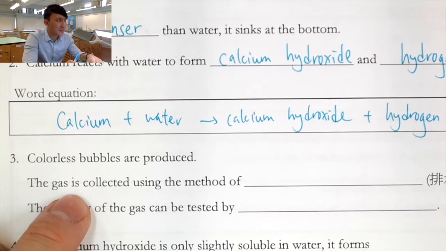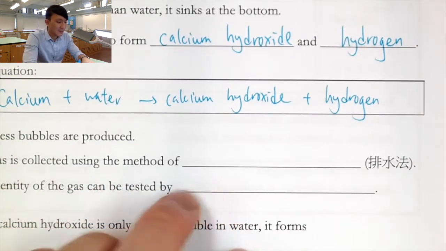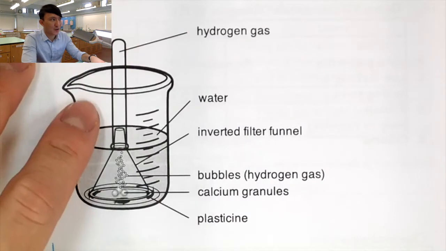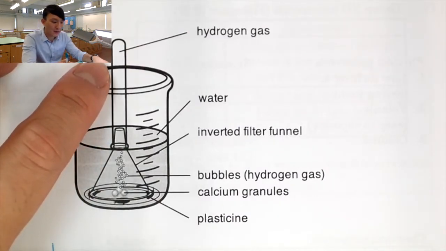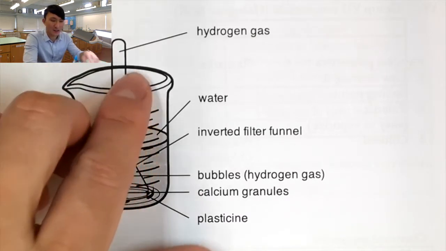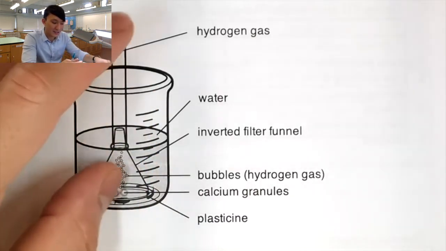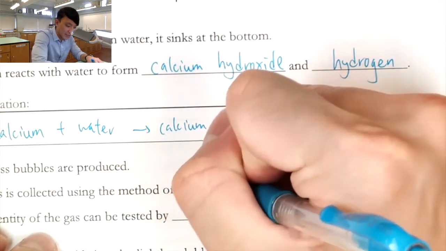These colorless bubbles are obviously due to the production of hydrogen gas. Now, these gases are collected using the method where we fill a test tube fully with water, turn it upside down into the water, and the gas displaces the water inside the test tube. This is called water displacement.